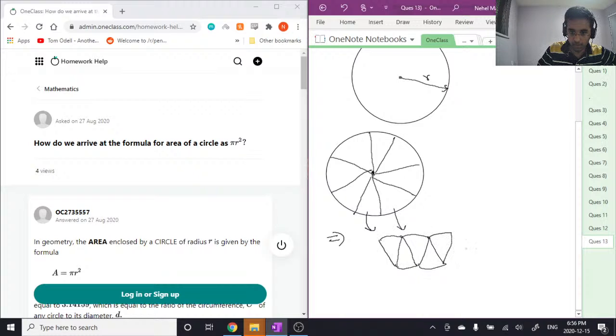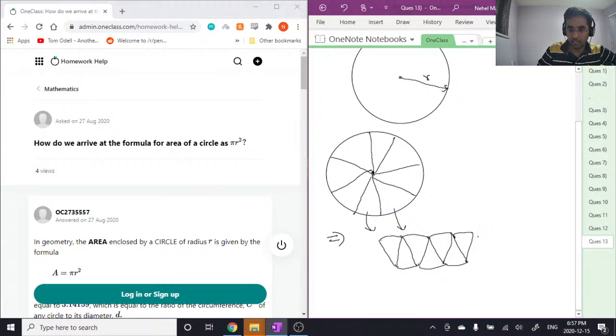In the end, we would get a shape of this sort, and we can look at this shape as almost a rectangle. The more segments you get, as the segments approach infinity, this shape would look more and more like a rectangle. In our case, we only used about 7 or 8 segments, so it doesn't look like a rectangle, but the further along you go, the more like a rectangle it would look.